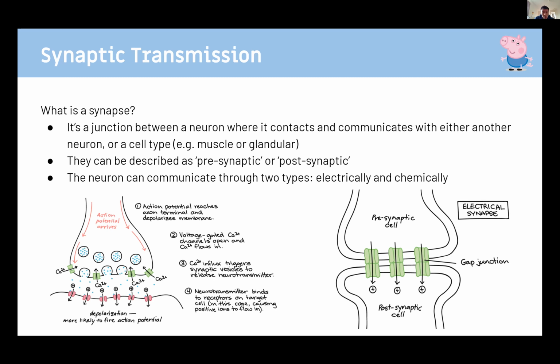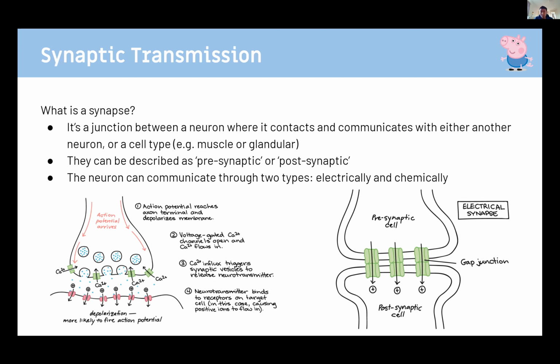Then these neurotransmitters will diffuse across the gap and bind to receptors on the other cell. That can cause another action potential to be generated if it's another neuron, or it might cause a muscle to contract.